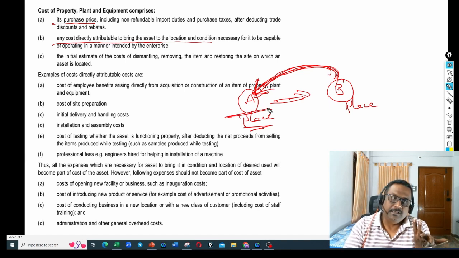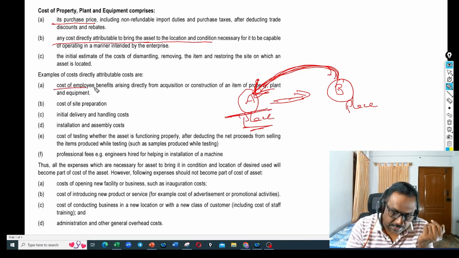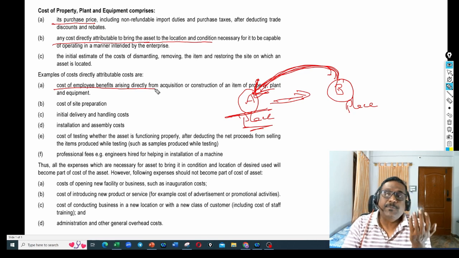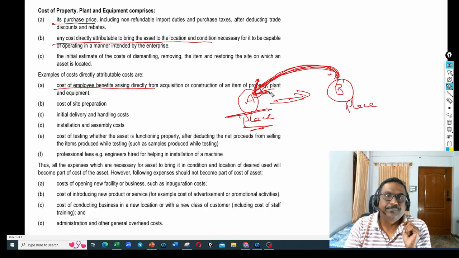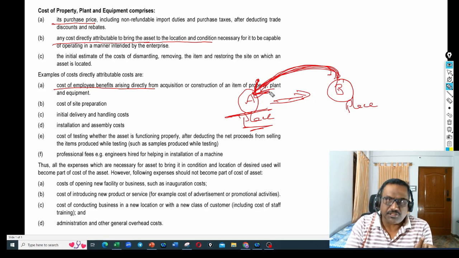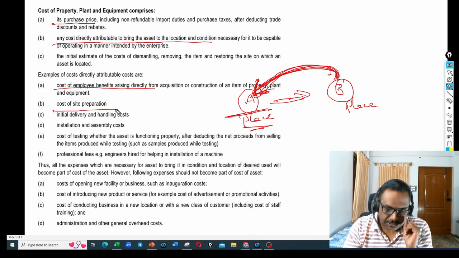What are they? Simple. Here it has been given very clearly. Cost of employee benefits of those who got directly involved in bringing this asset here. If any employee or employees got directly involved in bringing this asset from B location to A location, all their employee benefits have to be considered as a part of cost of acquisition. Cost of site preparation.